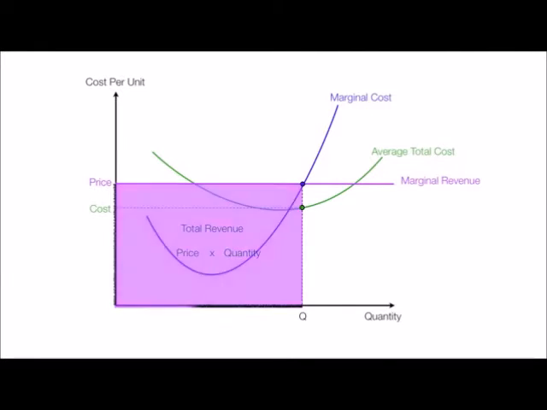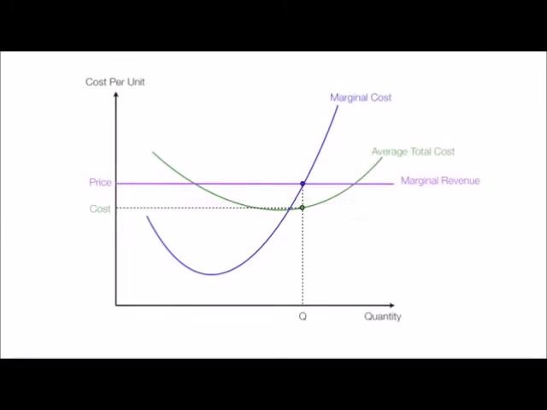I can also do the same thing for cost. Total cost is cost times quantity, or the area of the green rectangle. Total revenue minus total cost is equal to economic profit. And economic profit includes opportunity cost.